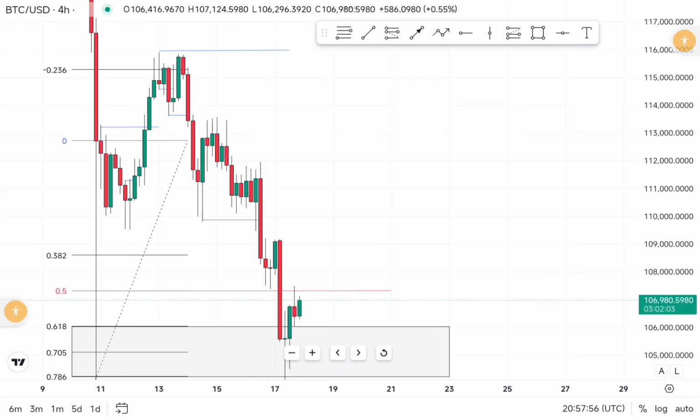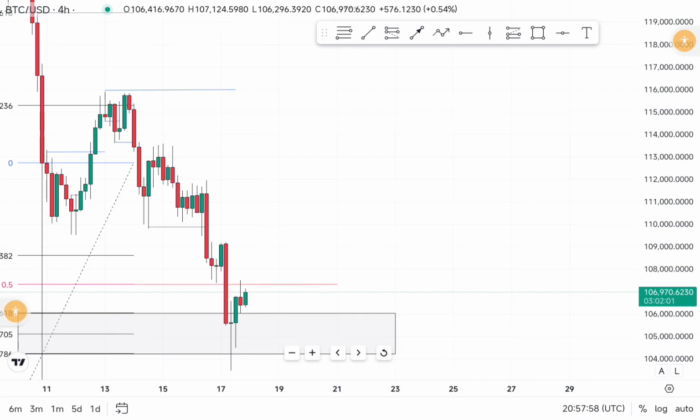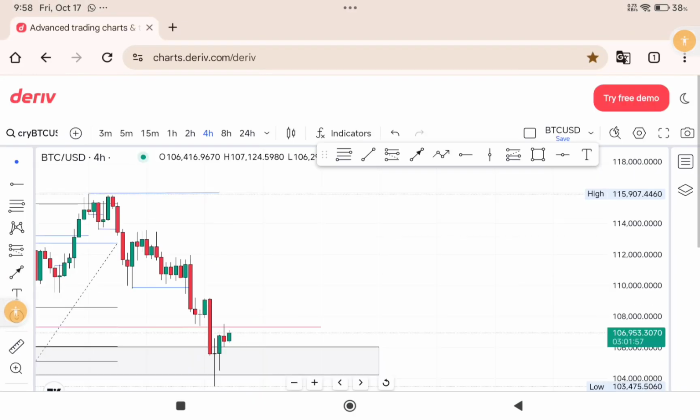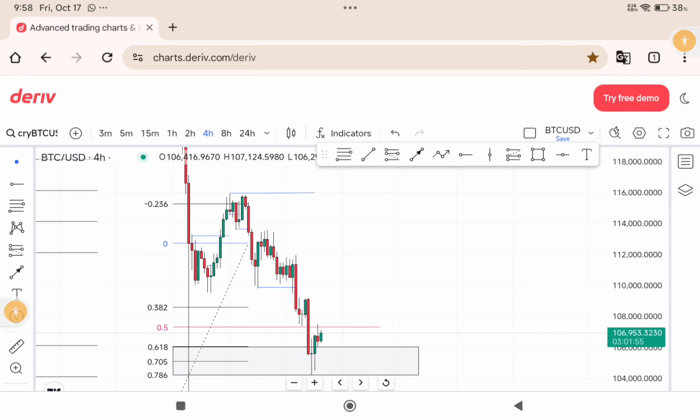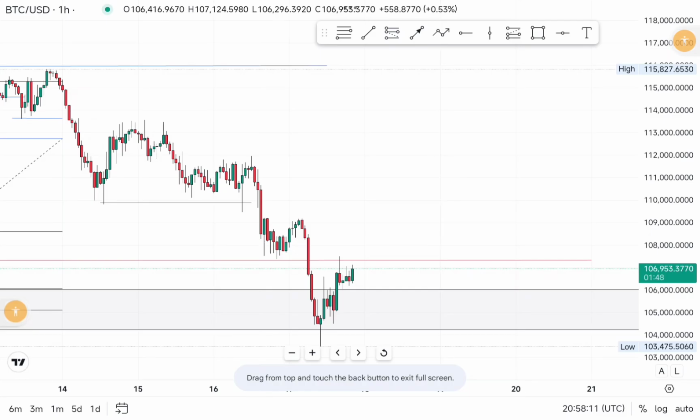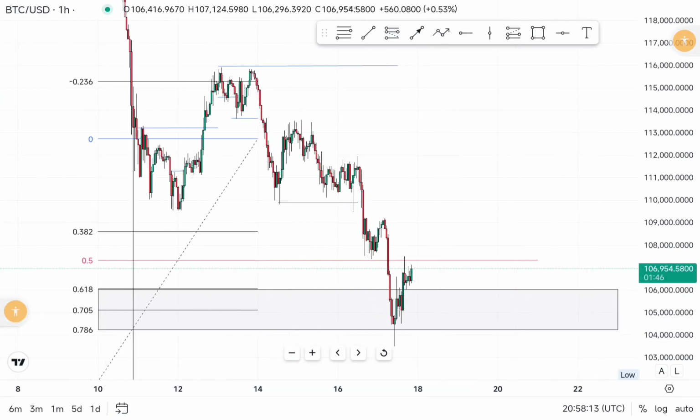So the break of structure, if the Fibo deviation has been plotted, tallies or corresponds with the extension of the Fibo deviation projection.